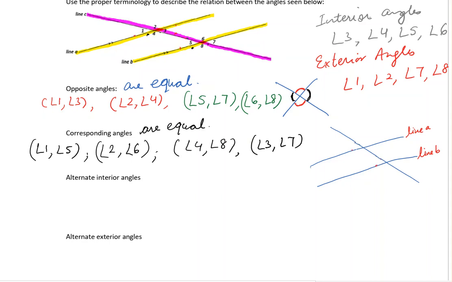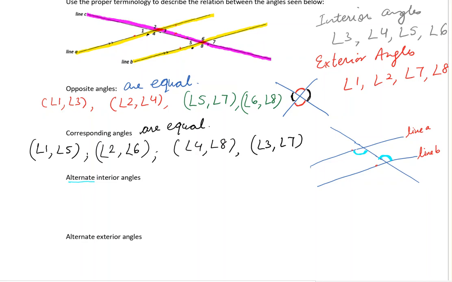As the name suggests, alternate means they are on the alternate sides of the transversal, and they are interior angles. If you remember, we talked in the beginning about the interior angles. So we are talking about angles on the alternate sides of the transversal, but formed between the parallel lines, so inside.